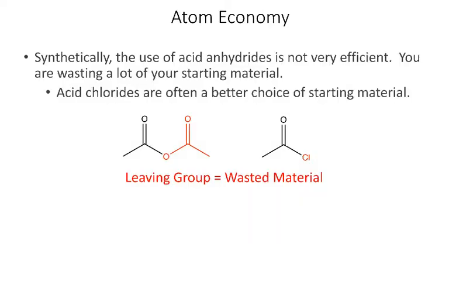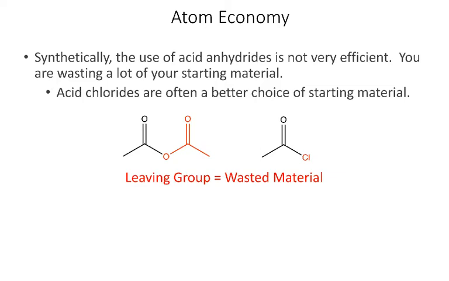So one thing that's different between the acid chlorides and the acid anhydrides is, when we think about green chemistry, one thing we worry about is atom economy. So do we have a lot of byproducts that are essentially waste? And so synthetically, very often the use of acid anhydrides is not very efficient.